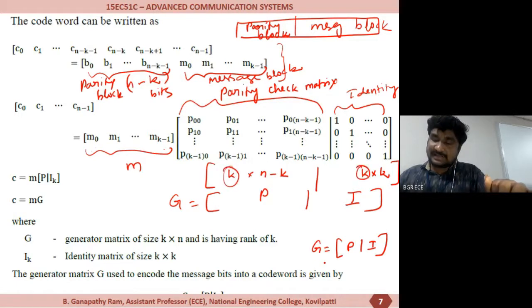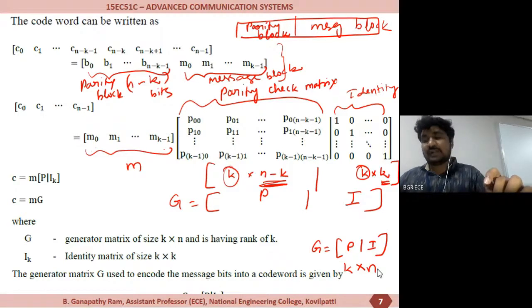So the generator matrix also has k number of rows, and the parity matrix consists of n minus k columns, and the identity matrix consists of k columns. So they are combined together, and n minus k plus k gives n columns in the generator matrix.